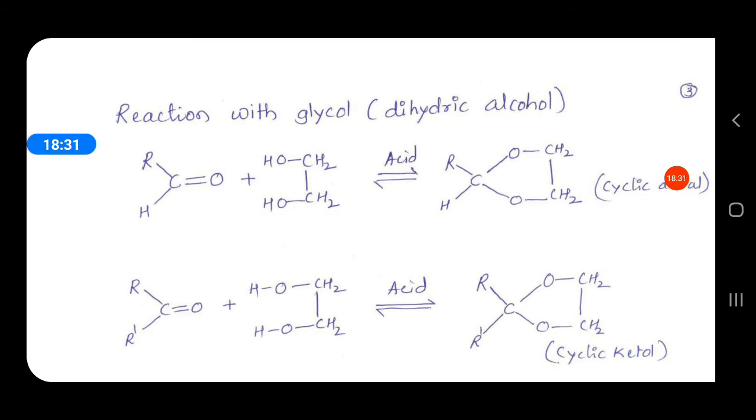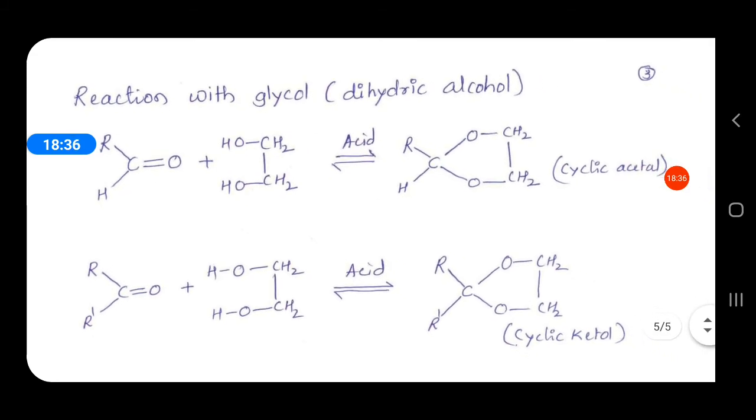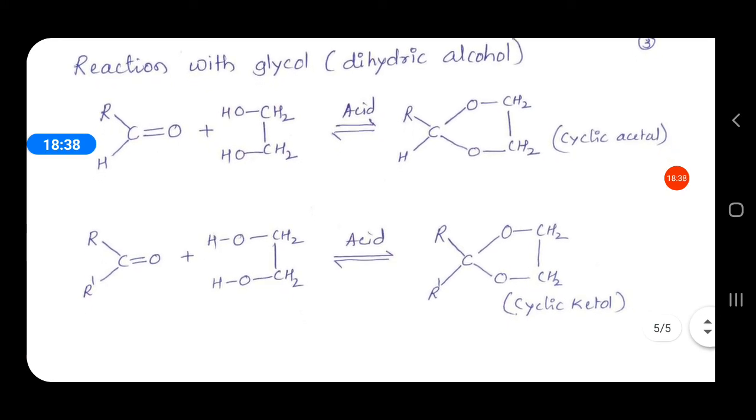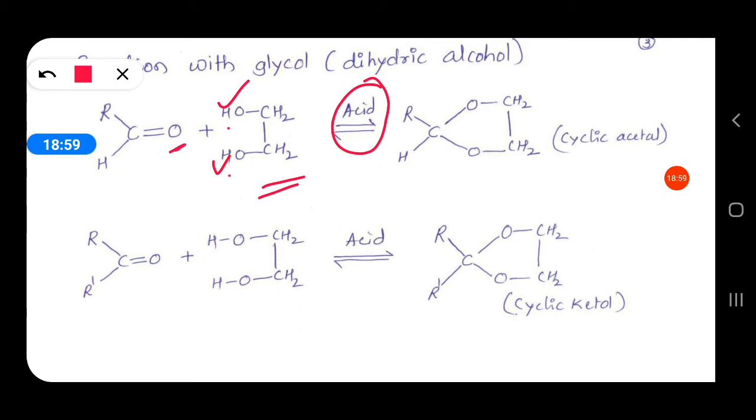So how does the reaction take place with dihydric alcohols? Reaction with glycol: the example taken is ethylene glycol, which has two OH groups, so it is called a dihydric alcohol. Again in acid media, the same mechanism is followed, and finally oxygen and two hydrogens are removed and it forms C-O and C-O new bonds.